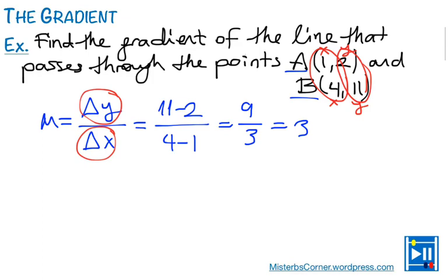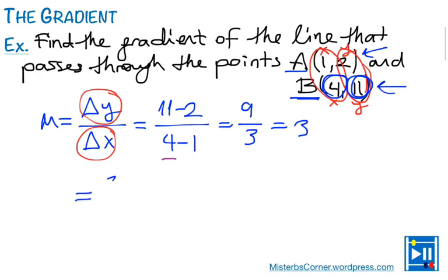And next, I ended up with 11 minus 2, choosing this value first and taking away 2. So if I'm choosing the first value to be a coordinate of B, then I should choose the x coordinate of B first, which I did, right? I started with 4 first. And, well, you may ask whether you could flip the numbers.